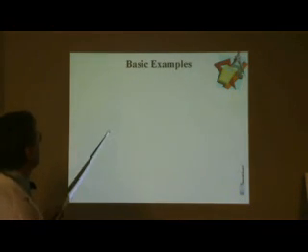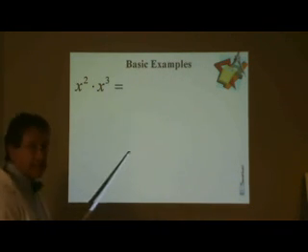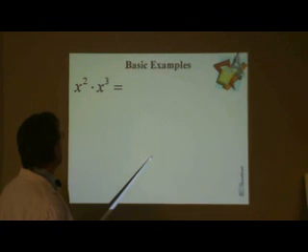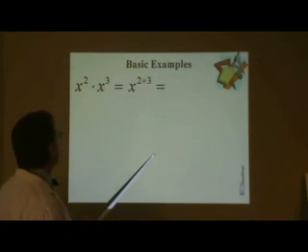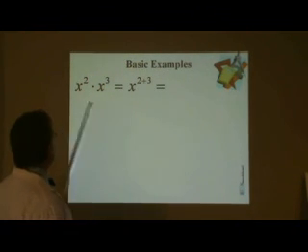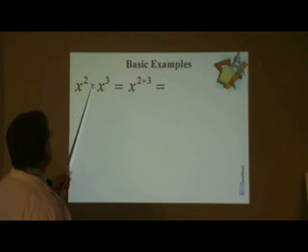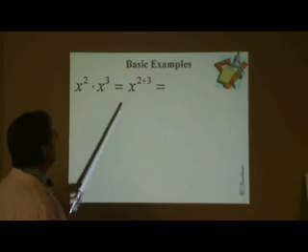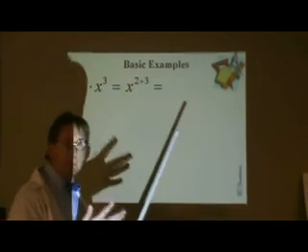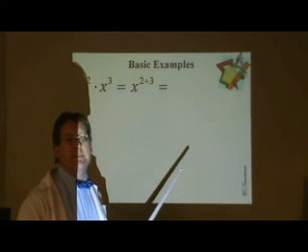Moving right along. Here's some basic examples of actually applying the rules. So we're digging in, actually applying what we've learned here. Here we have x to the second power and x to the third power. We would apply the multiplication rule or law of exponents here.